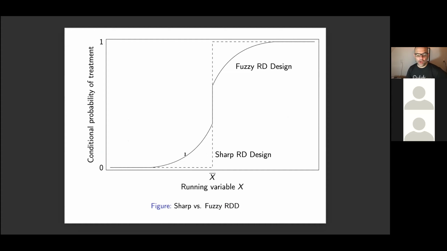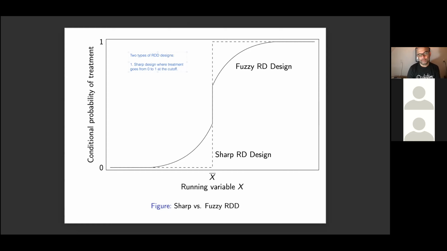All right, so there's two types of RDD designs. There's a sharp design where treatment goes from 0 to 1 at the cutoff.